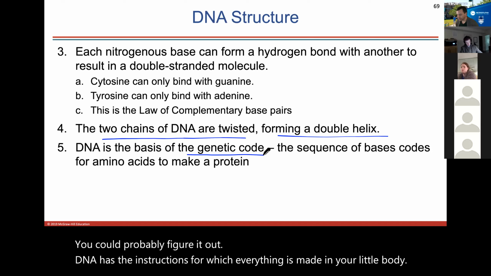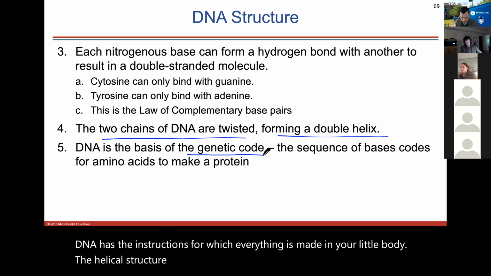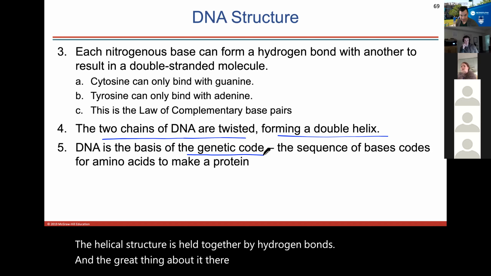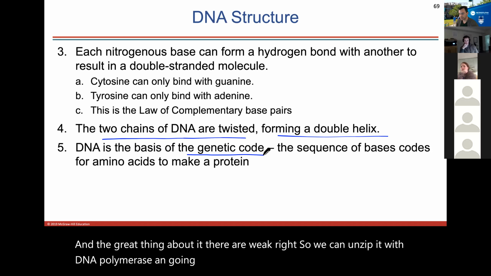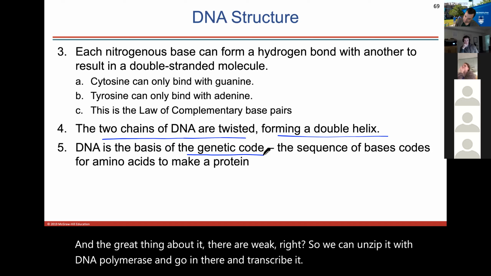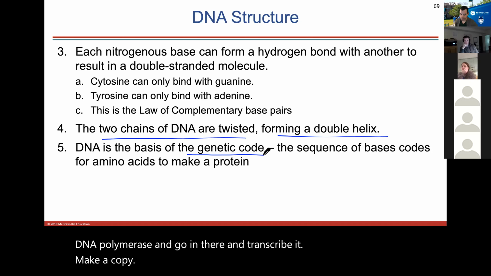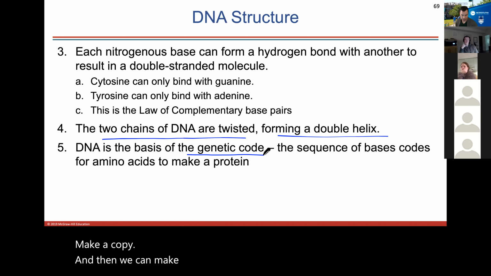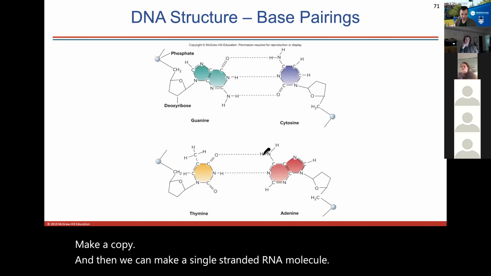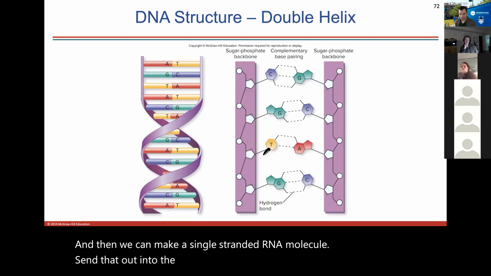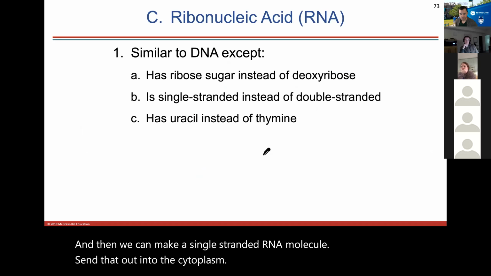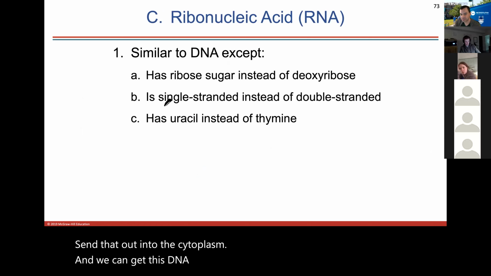The helical structure is held together by hydrogen bonds. And the great thing about it, they're weak, right? So we can unzip it with DNA polymerase and go in there and transcribe it. Make a copy. And then we can make a single-stranded RNA molecule and send that out into the cytoplasm. And we can get this DNA translated.